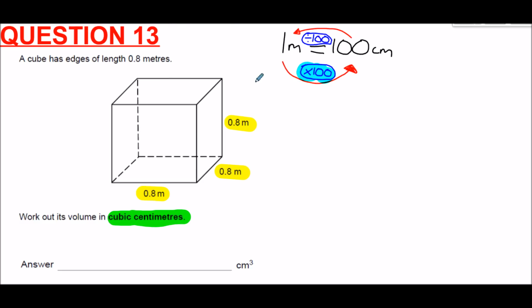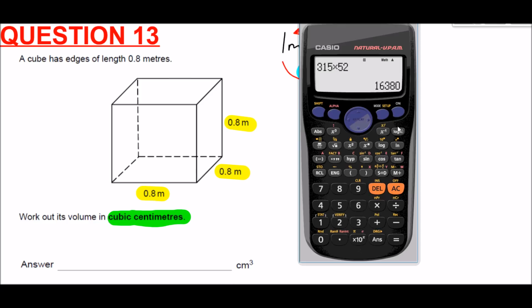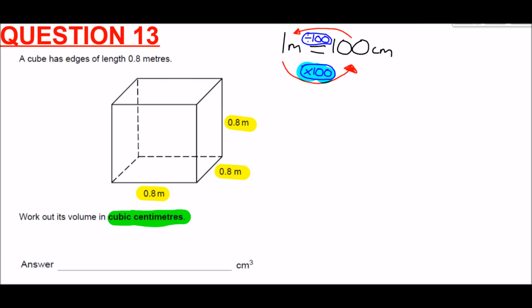So 0.8 of a meter, multiply that by 100. We'll get 80 centimeters. And so the measurements of this cube in centimeters will be 80 centimeters by 80 centimeters by 80 centimeters.